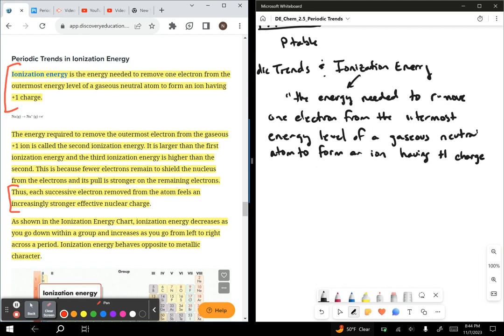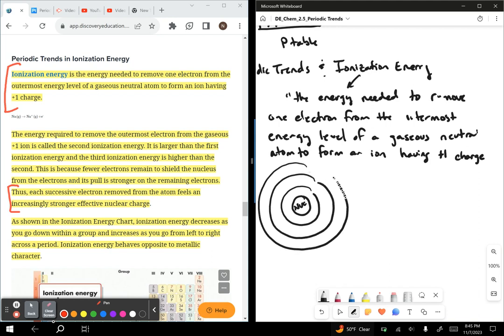All right, well, so let's maybe draw ourselves an atom. Okay, so we've got our nucleus, and we have, let's say, a couple orbits, and we have some electrons.